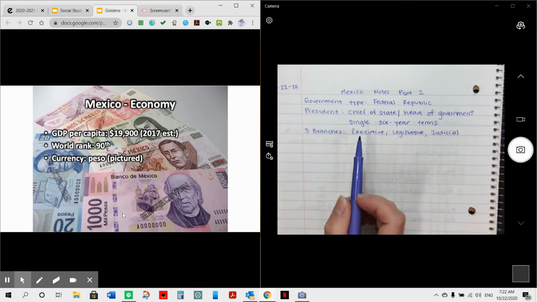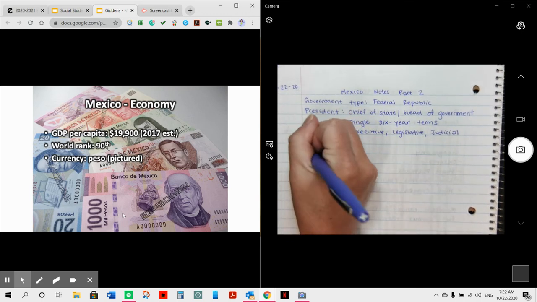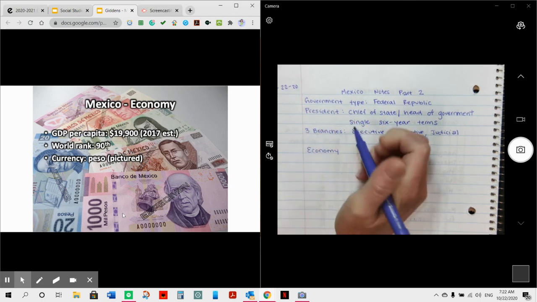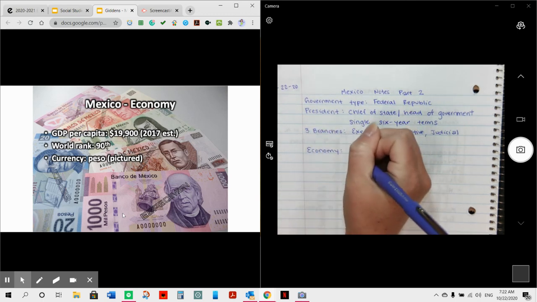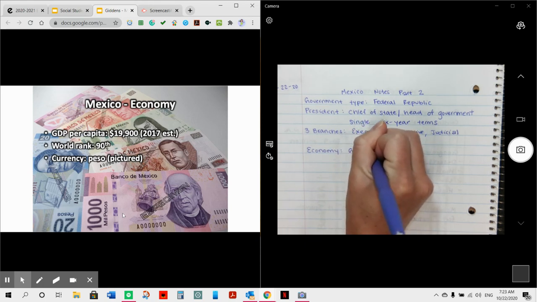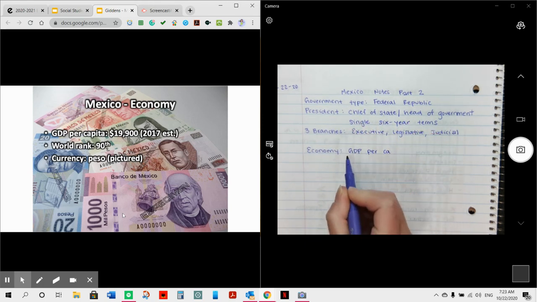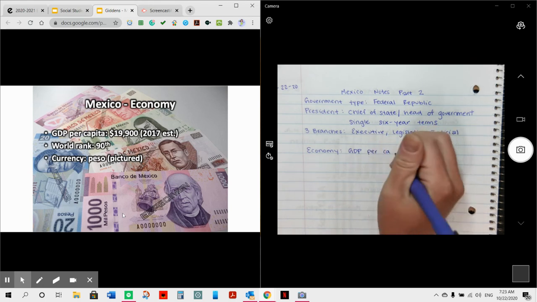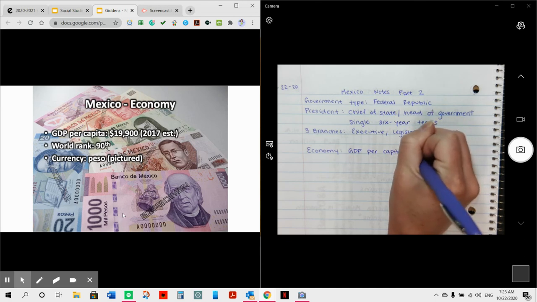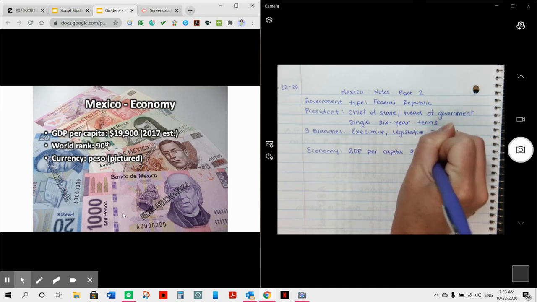So off to the side on our notes, we're going to write economy. This top section was all about government. Now we're moving on to economy. So the GDP per capita, gross domestic product, that's what that stands for. How much money they're making per capita is 19,900.